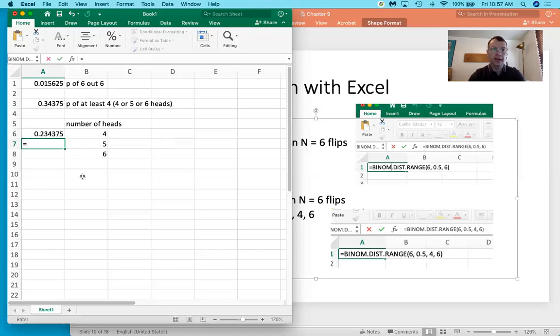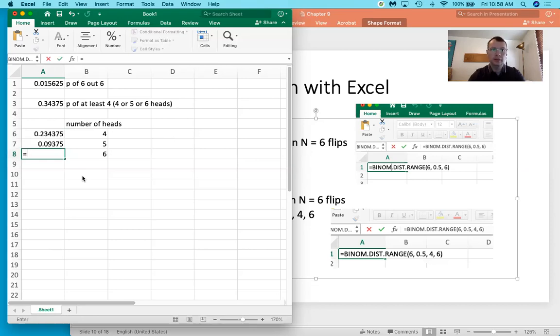If I want to know 5 out of 6, I type in my 6 trials, 0.5, and 5. And I see that the probability is lower. So it's less probable to get 5 out of 6 heads than it is 4.